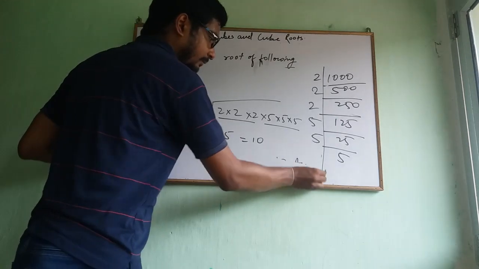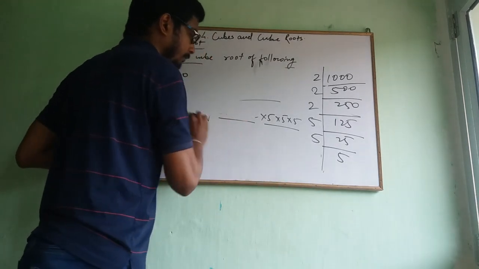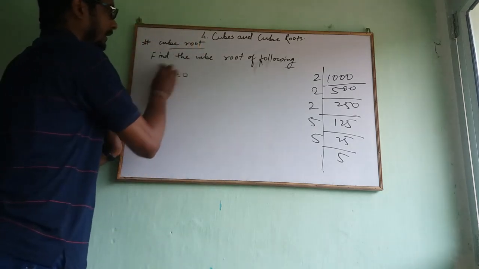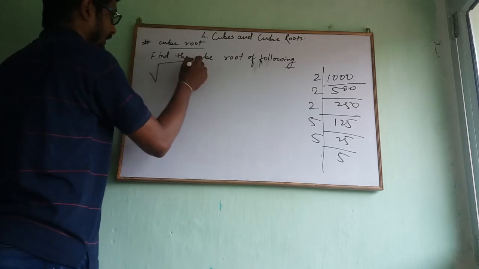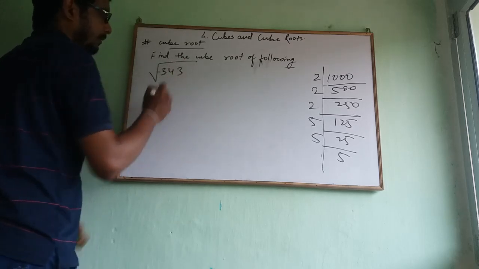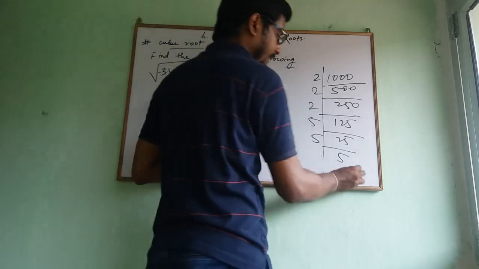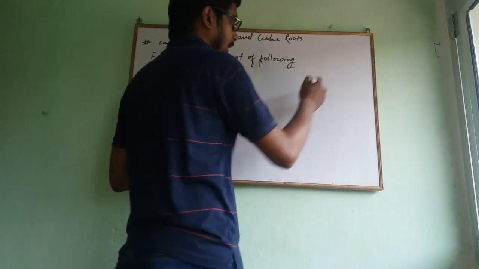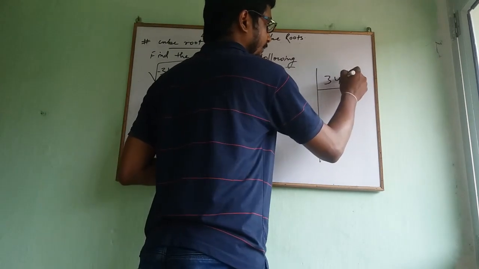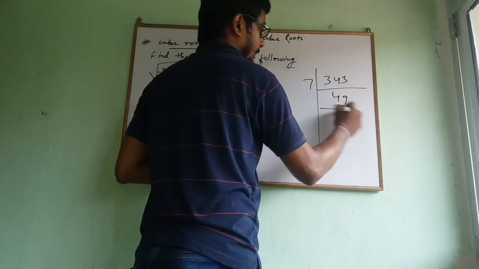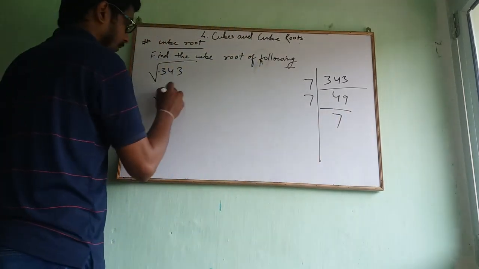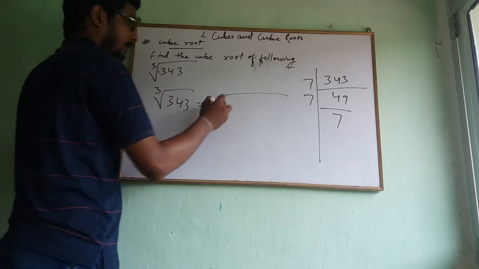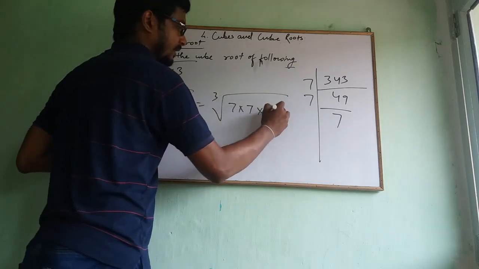Let's suppose I have to calculate the cube root of minus 343. So I will write minus 343. So how will I find the cube root of minus 343? So first of all, I have to prime factorize 343. So the cube root of 343 is 7 into 7 into 7.